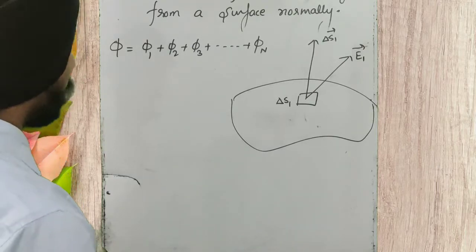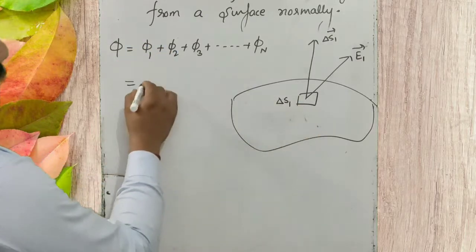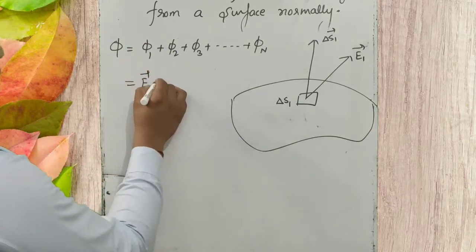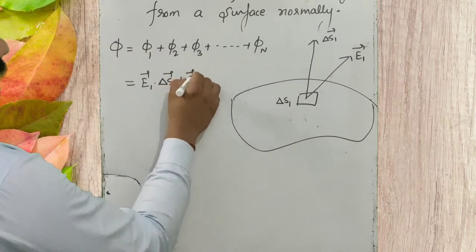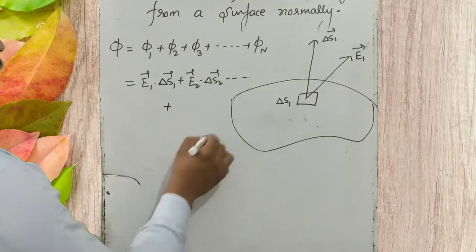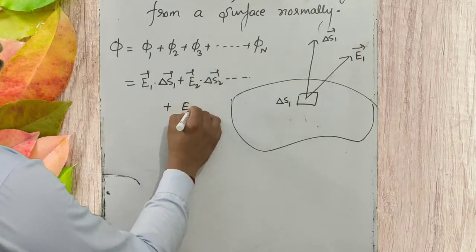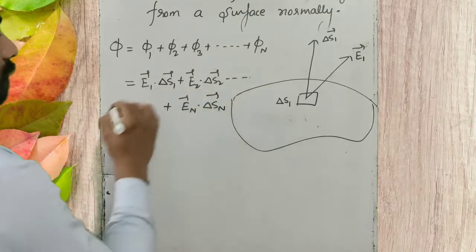So what will be the electric flux passing through delta S1? It will be E1 vector dot delta S1 vector, similarly E2 vector dot delta S2 vector, and so on, and finally En vector dot delta Sn vector.